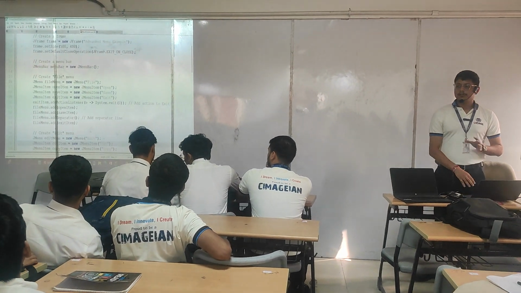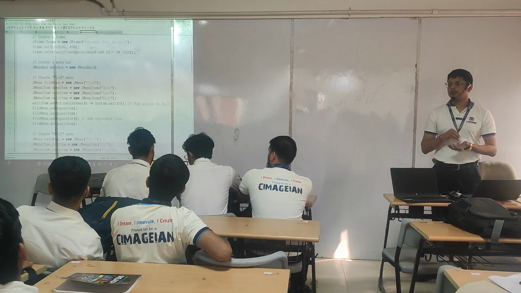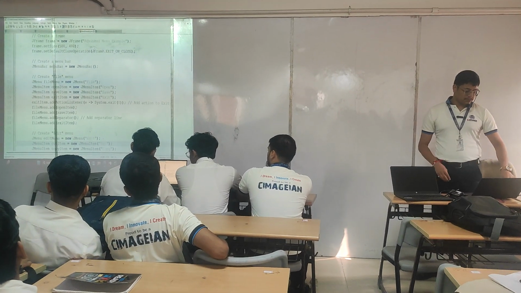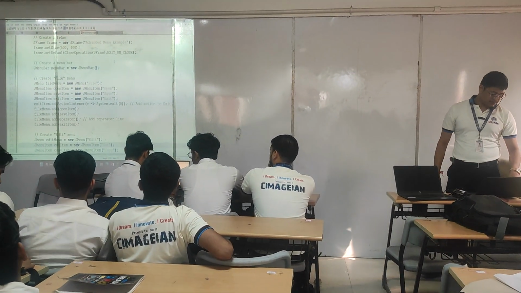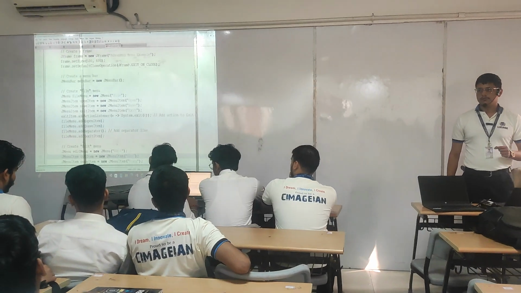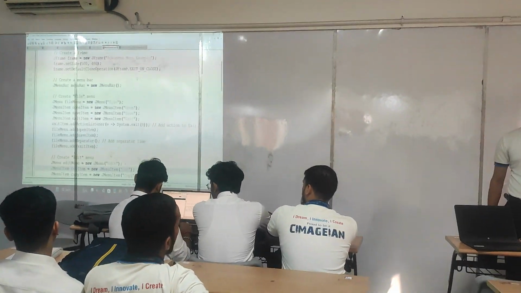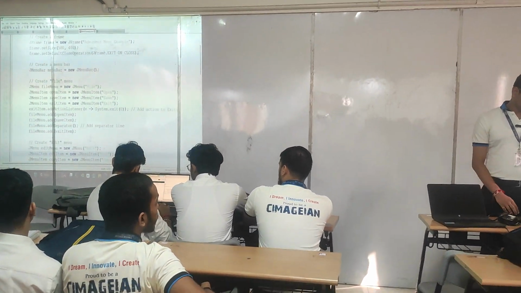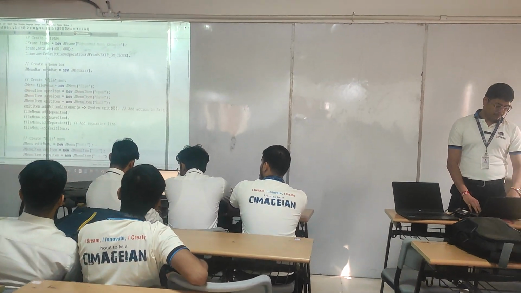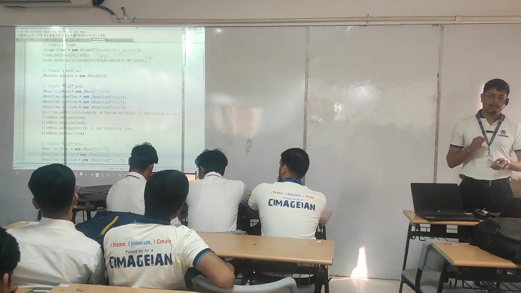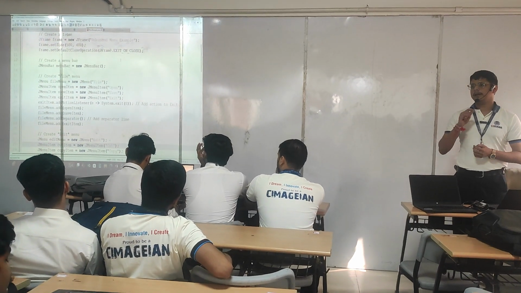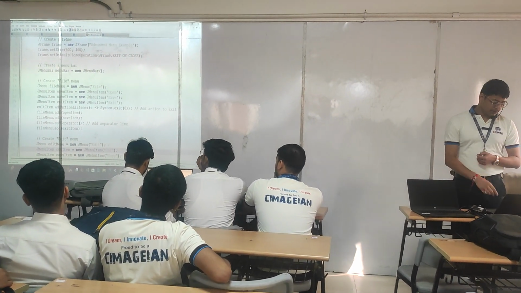After the creation, we need to add all these menu items to the menu. So you can see in the 21st line, fileMenu.add. This is the command to add various menu items to the required menu. I added all the 3 items, and I also added the addSeparator command, which will add a line separator between 2 options.